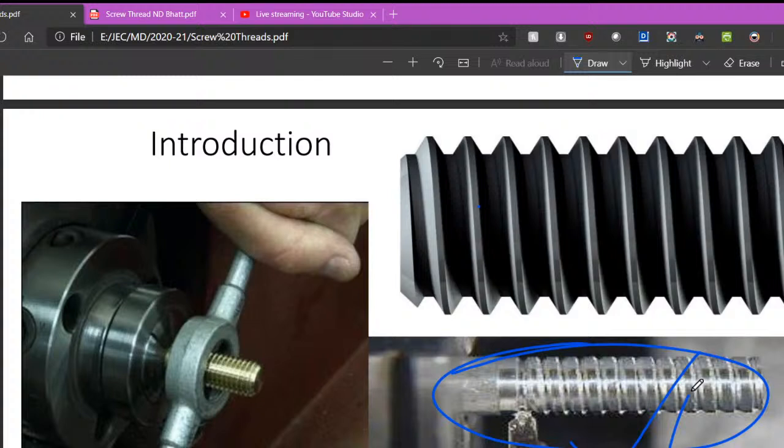Then this type of thread we form with the use of this tool that the man is holding, which is called a die. This is used for smaller workpieces.